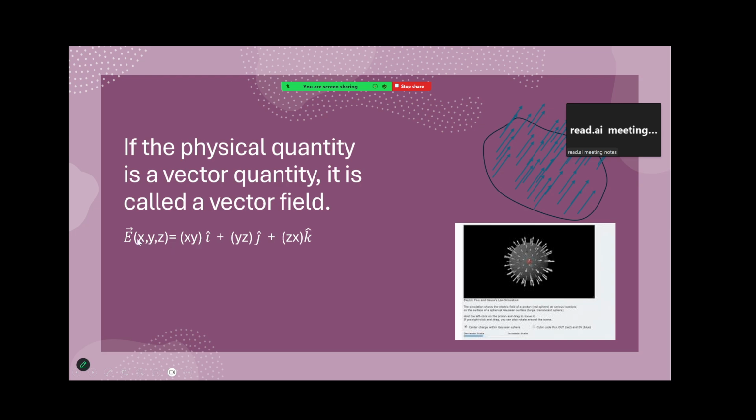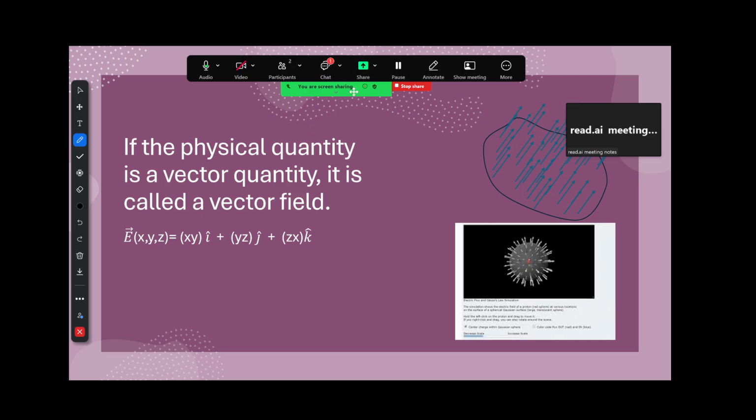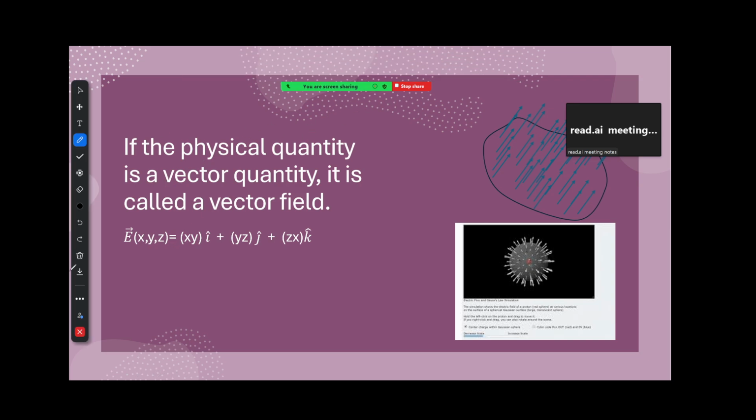If you put x, y, z equal to 1, 1, 1, then obviously you will get the field as 1i, 1j, 1k, correct? Let's take an example and say that we are trying to find the value of E at the point 1, 2, 3.